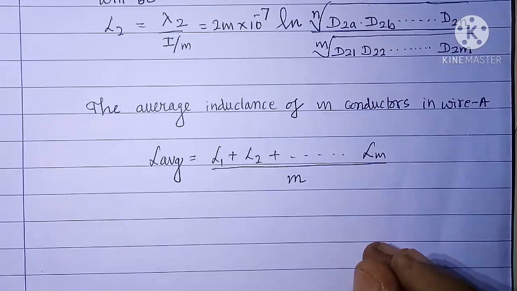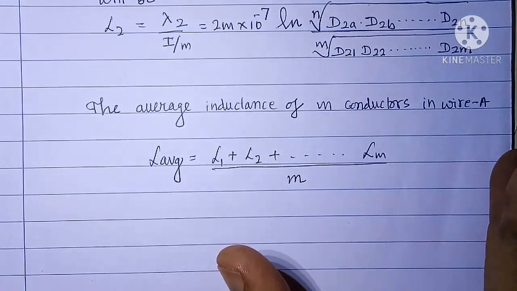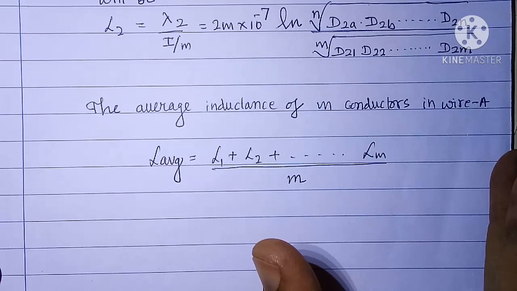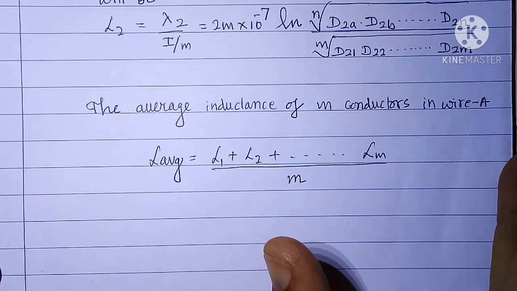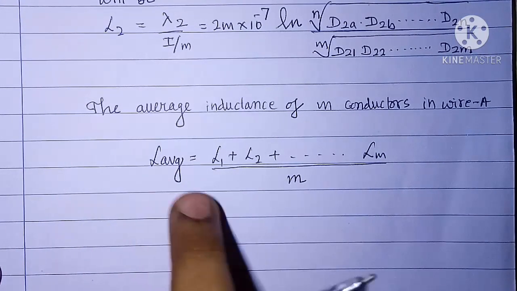But in wire A, all the conductors are connected in parallel. The total inductance of conductor A is given by L average upon m.